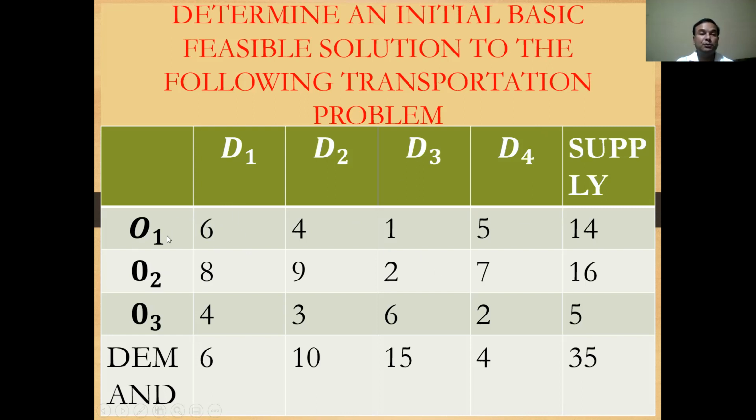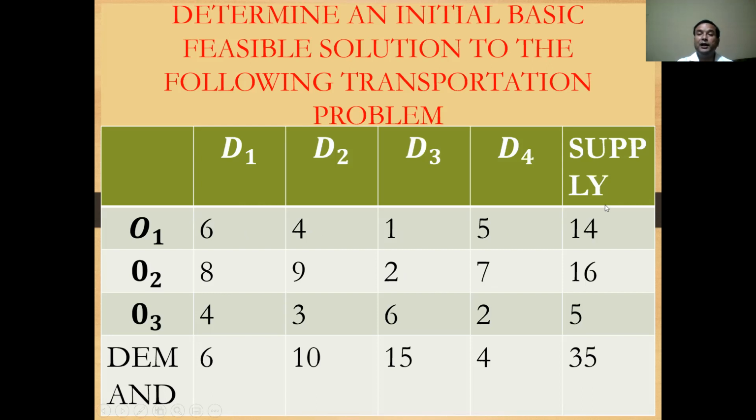Suppose an item is delivered from origin 1 to destination 1, then that cell is cell 1 1. This cell is 1 2, this is 1 3, 1 4. Similarly 2 1, 2 2, 2 3, 2 4, 3 1, 3 2, 3 3, 3 4.